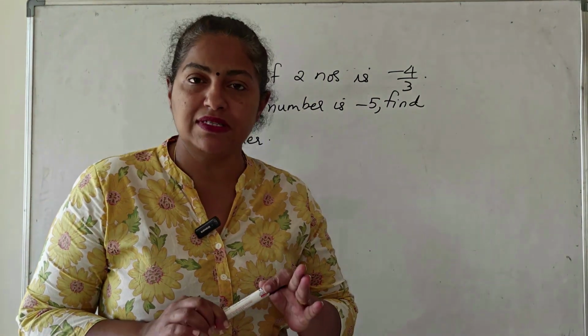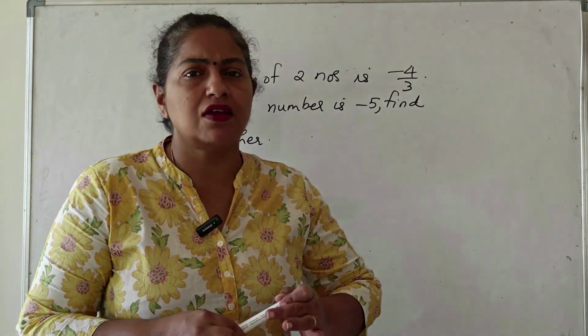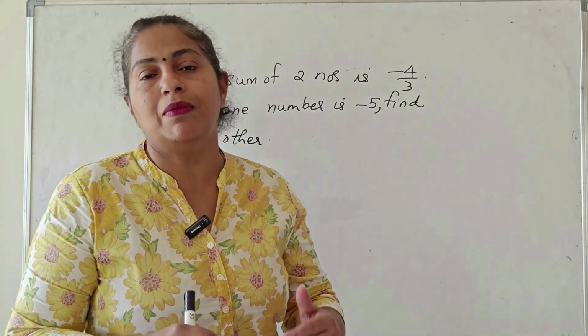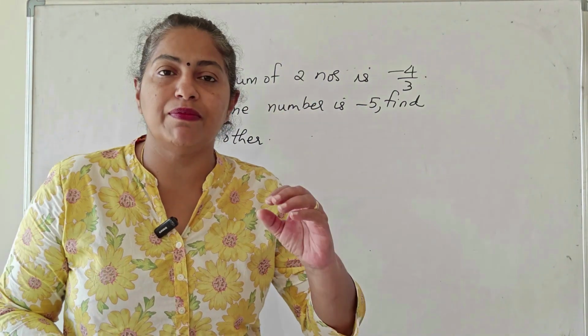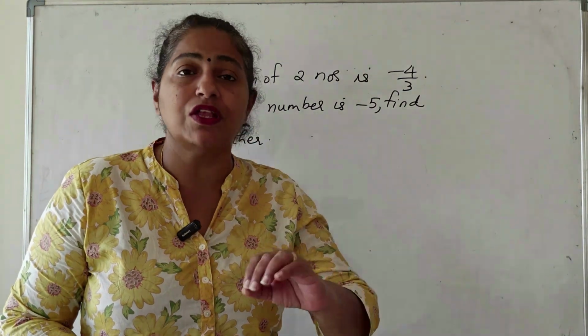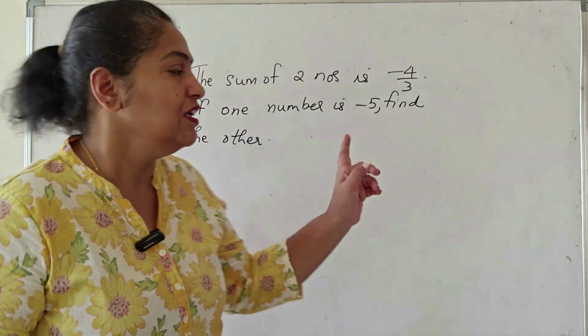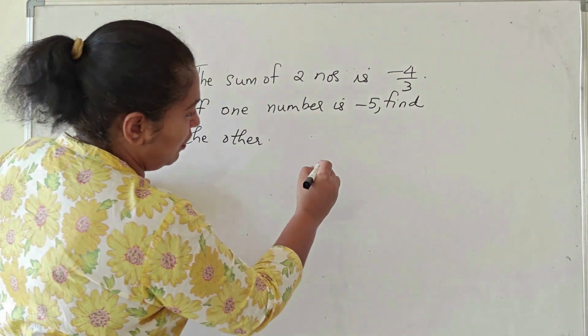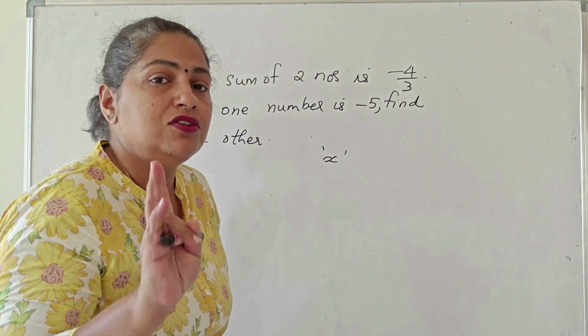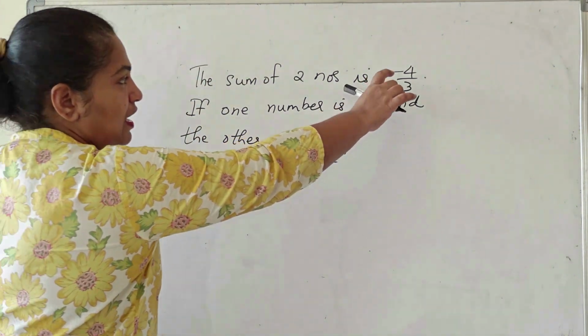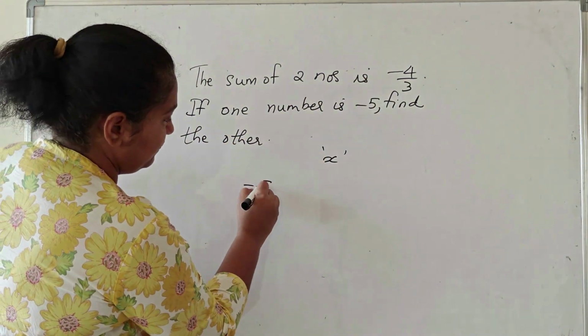The sum of two numbers is minus 4 by 3. If one of the numbers is minus 5, find the other. These are all very common sums which come under subtraction of rational numbers. So when you are doing this sum, it is always better to write down the steps so that you do not make any mistakes. So let us take the number to be found as x. So it is given that two numbers are added, one is x, the other one is minus 5.